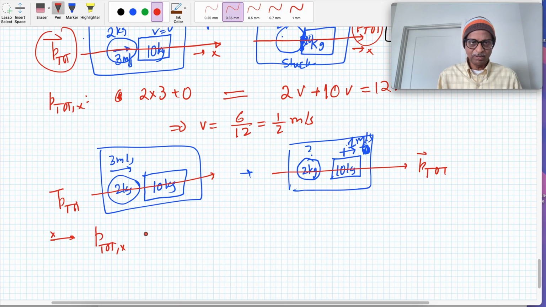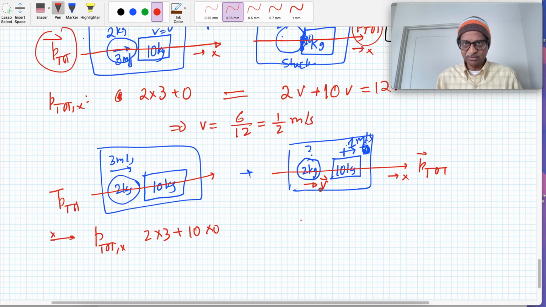So this is again the same, 2 times 3 plus 10 times 0. And after, we don't know what it is, so we just call this v sub x, because of this x-axis. So we say 2 times v sub x. If it goes the other way, v sub x will be negative. Plus this one is 10 times 1.